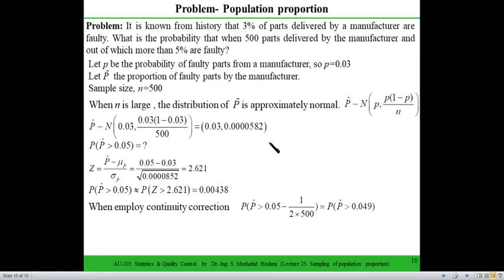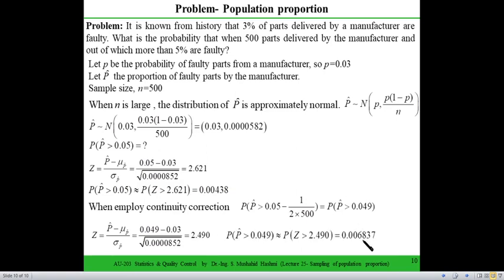So instead of 25 you need to use 24.5. So here instead of 0.05 you need to take 0.049 after making the correction. Once you employ this correction, your Z value would be not 2.62 but 2.49. So the corresponding probability would be 0.6%.